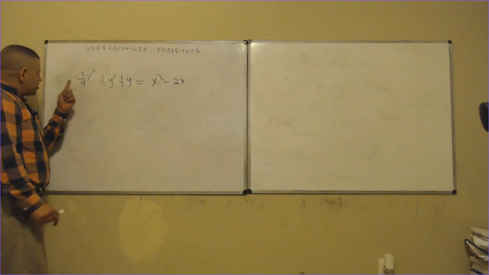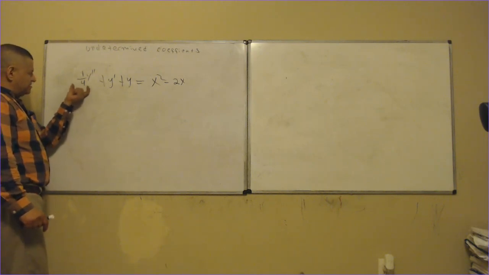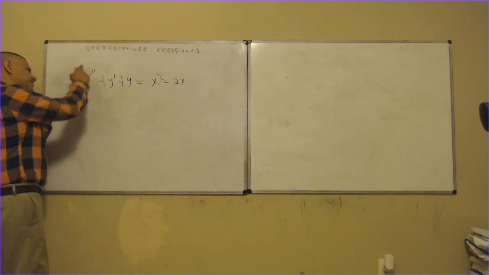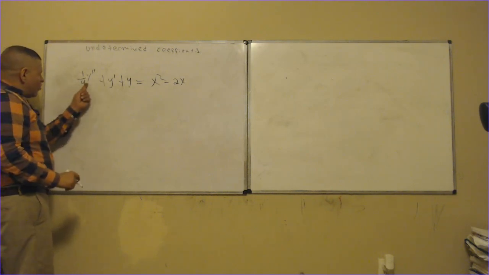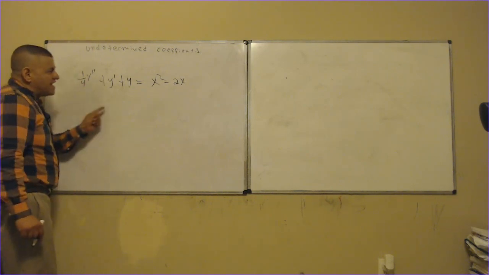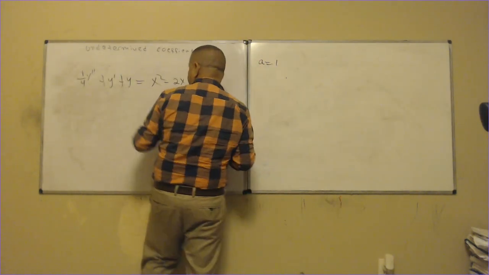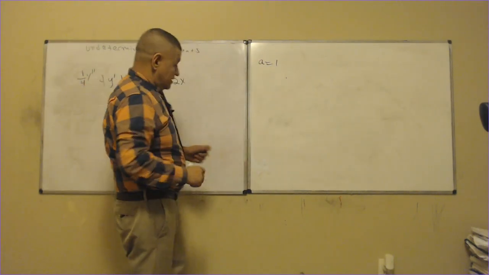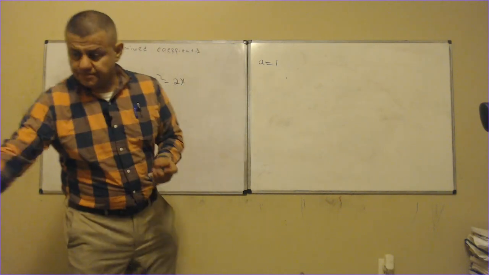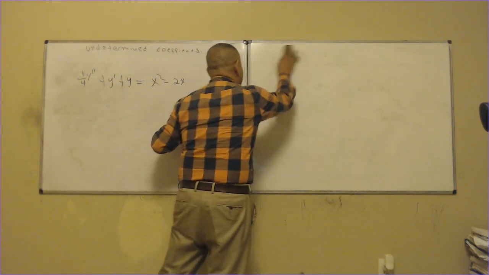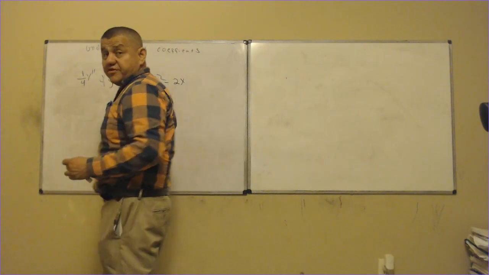It's going to have a fraction over here. This is the stuff that we need to be careful with. We need to get rid of this. We need to get the y double prime by itself. We want the coefficient, in this case, to be equal to 1. It's not equal to 1, so we have to get rid of that 1/4.